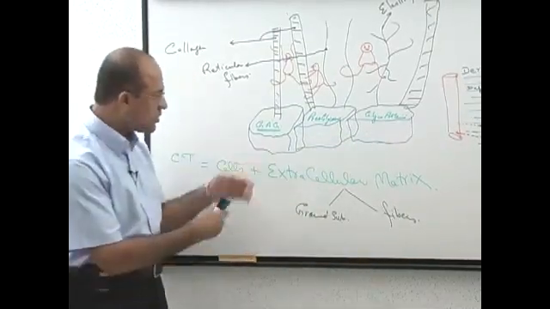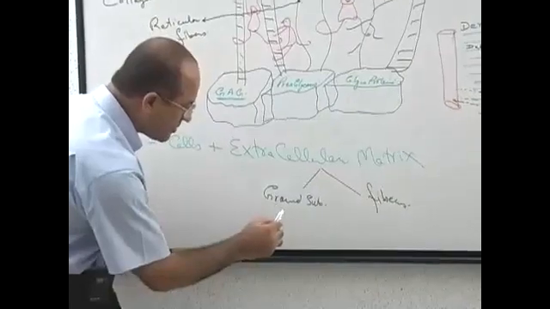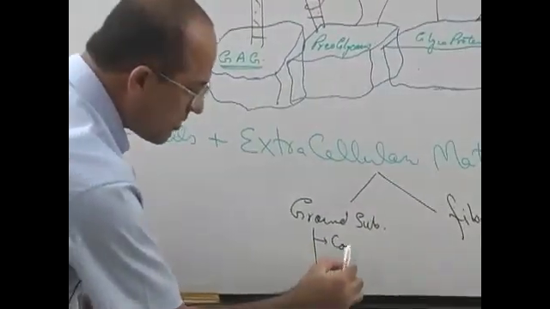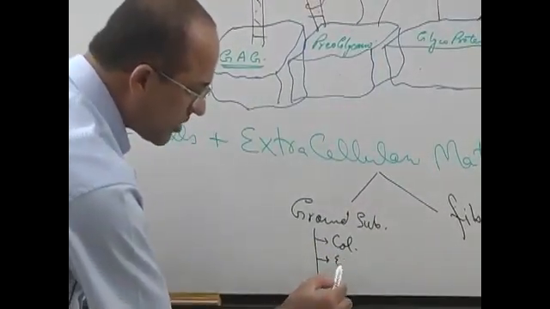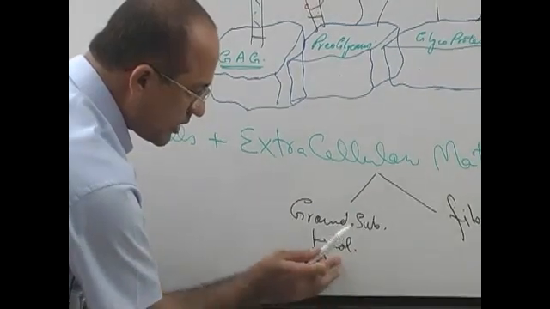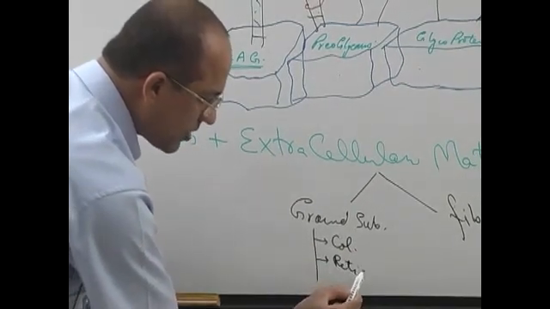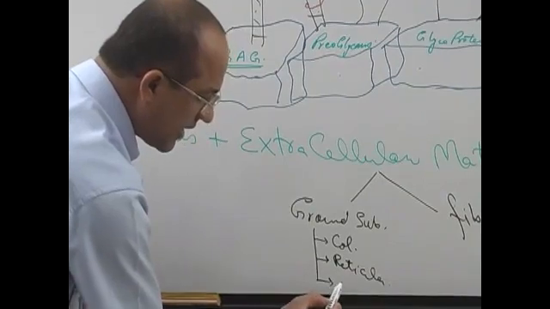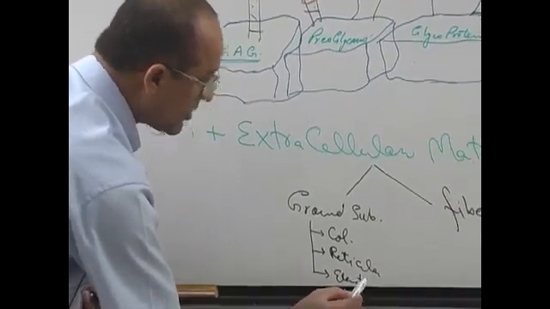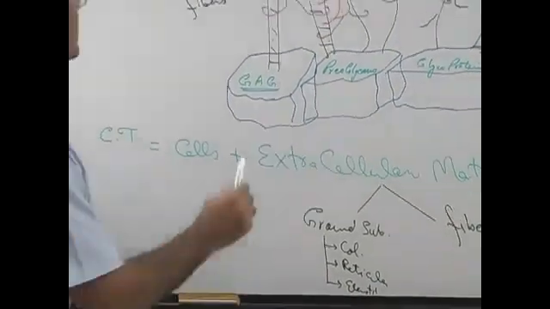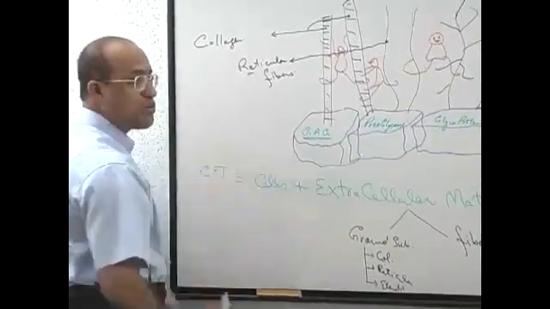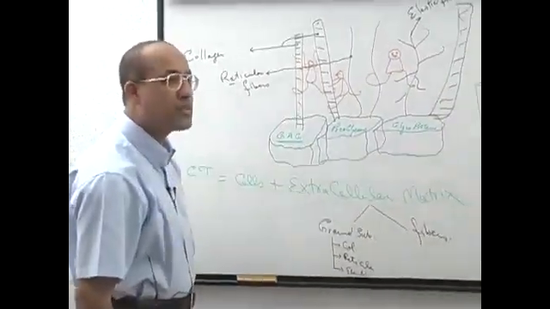And then it's so easy to understand that fibers are how many types? There are collagen fibers, then there are reticular fibers, and there are elastic fibers. Remember one thing, the reticular fibers are a very special type of collagen fiber.